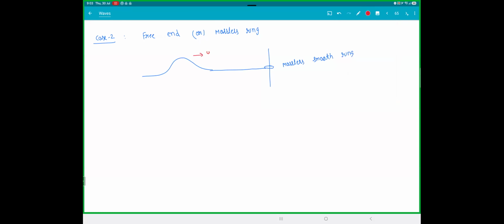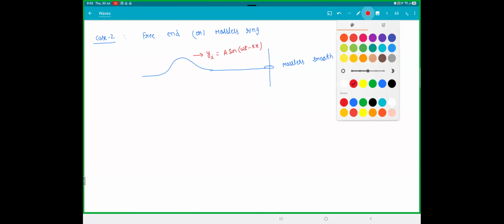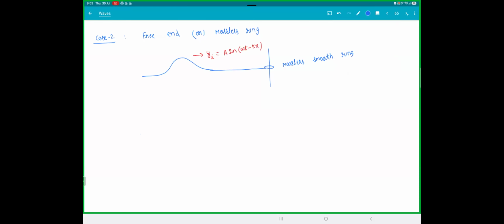So if you're sending a wave, y incident is equal to A sine omega t minus kx. As the wave comes here, the bump will go up. It will rise with this thing. And then when the ring again comes down, the bump will again come back this way. So the bump will still be up only. So crest will remain crest only.